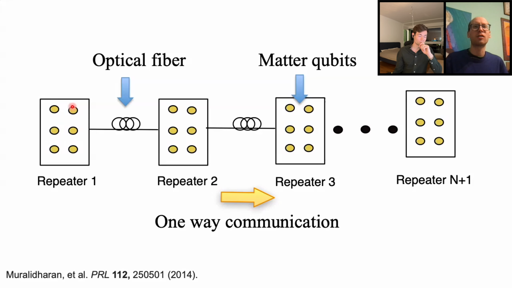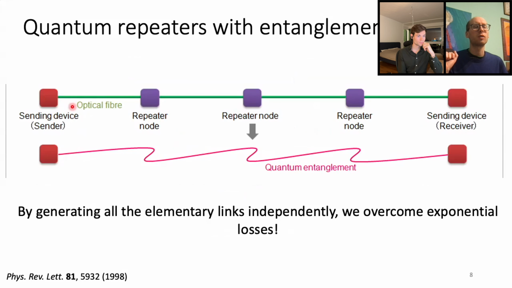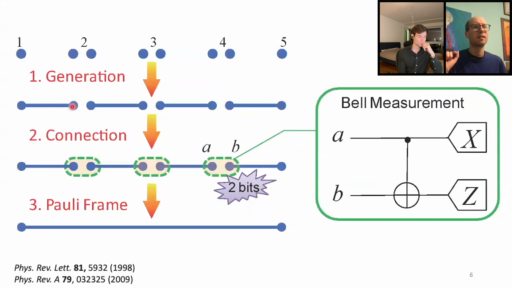That's something that we are trying to overcome with this error correction. In this architecture, it is assumed that in these ones where we generate the short distance links and connect, we have that capability. But the reason why we don't want to have that capability is that it slows things down. If every time I send something to the next repeater, the next repeater needs to communicate backwards whether it was successful or not, and then maybe the sender resends again, then that procedure is very slow.